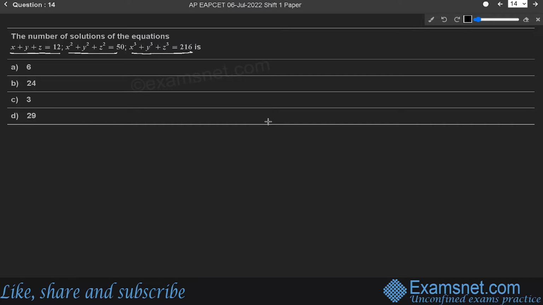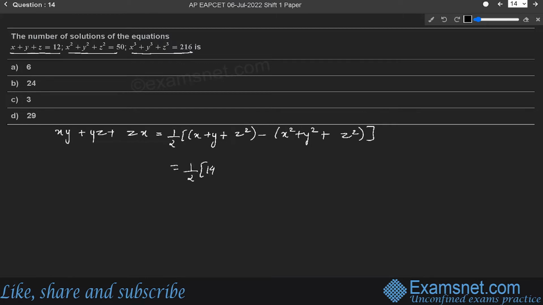So from the first 2 equations, we get xy plus yz plus zx is equal to 1 by 2 into ((x plus y plus z) square minus (x square plus y square plus z square)), which will be equal to 1 by 2 into (144 minus 50), which gives 47.